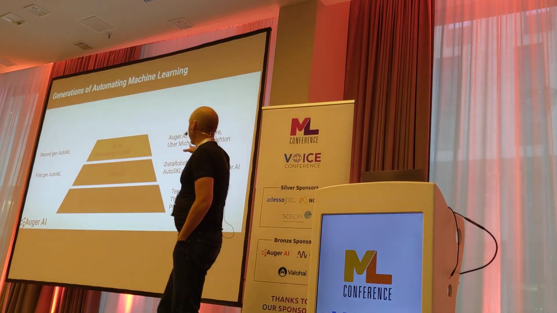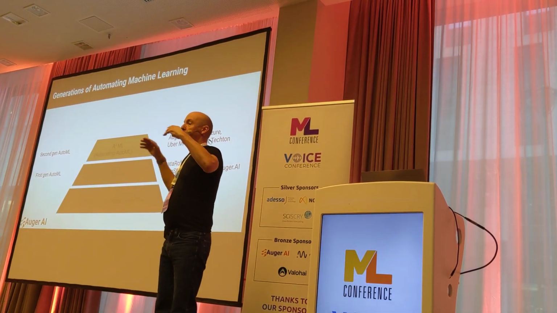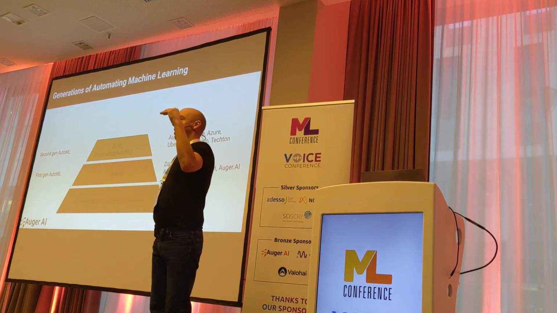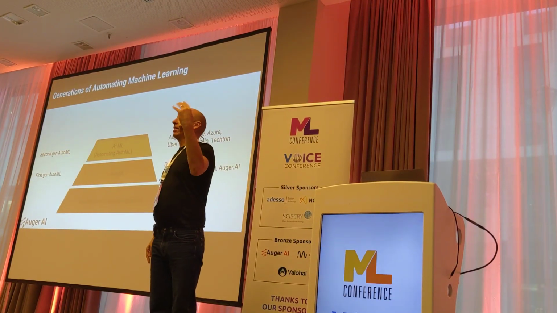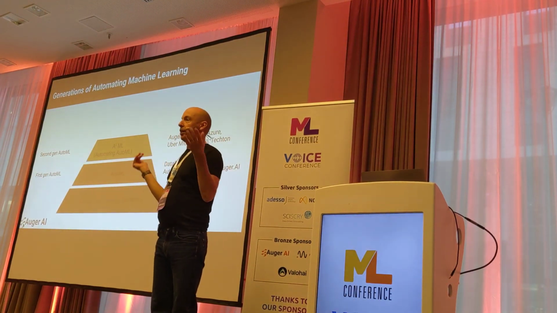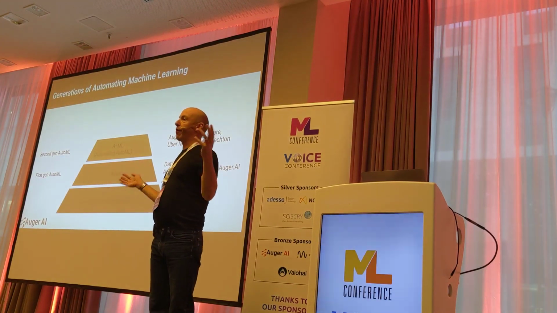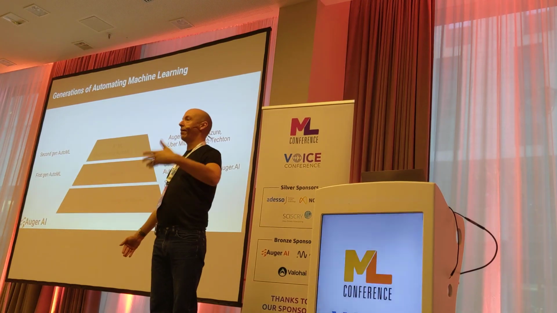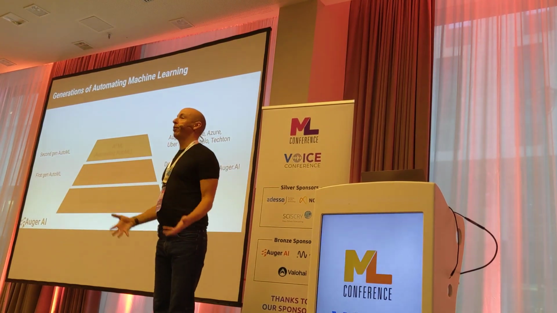Don't get me wrong, even first gen AutoML, you've got something that is training against all these algorithms. This is huge value, so kudos to DataRobot and H2O for plowing the ground and taking all this cool research done at University of Freiburg and elsewhere and giving you a product you can use.